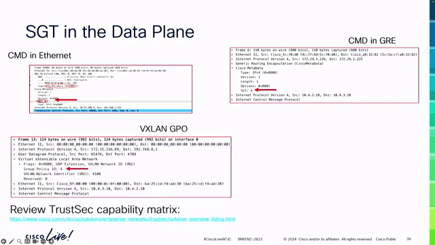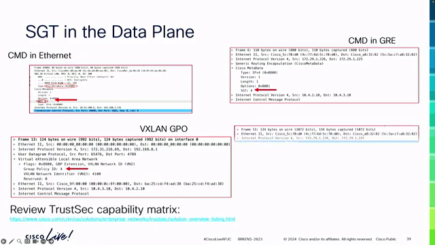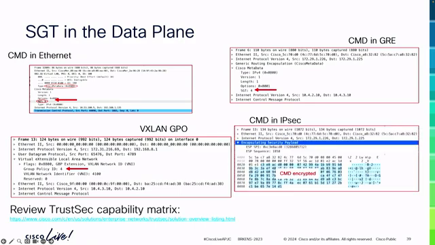Then we have VXLAN Group Policy Option, or VXLAN GPO. For SDA customers, this will ring a bell, because within SDA access we are doing VXLAN for our data plane. So SGT values are encoded as part of the VXLAN header within GPO. You can also do plain IPsec, like point-to-point or site-to-site VPN, and the SGT value can be preserved, but it is not shown here. It is part of the encrypted payload.